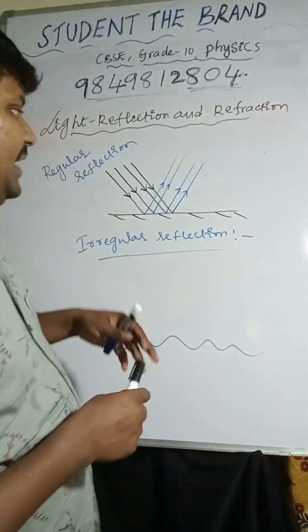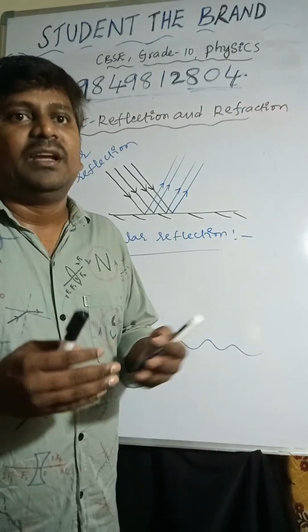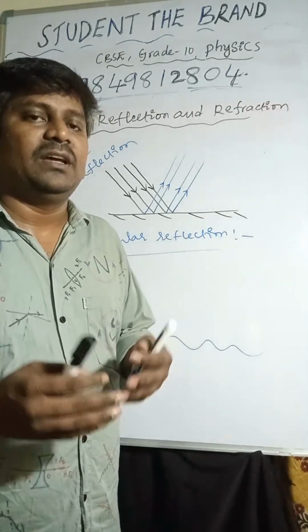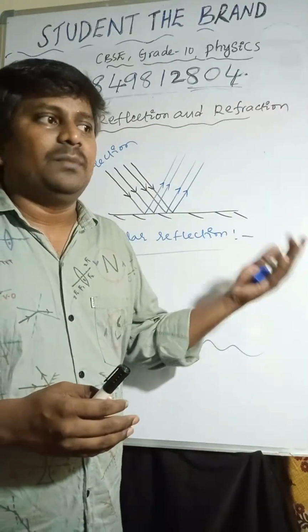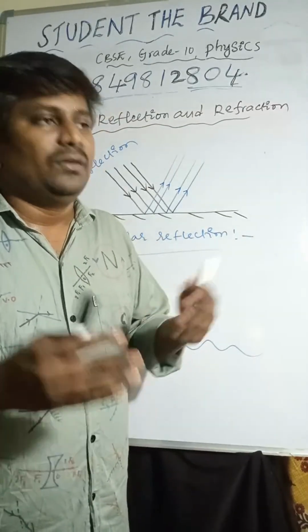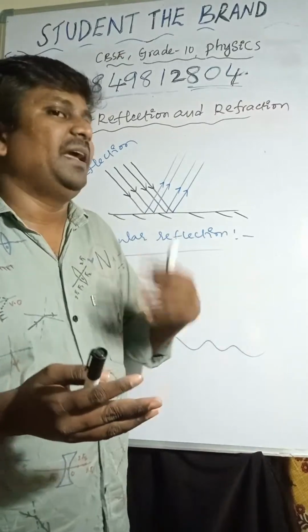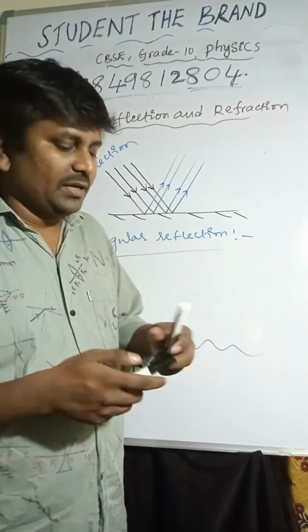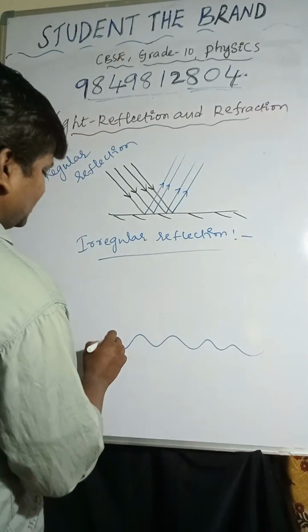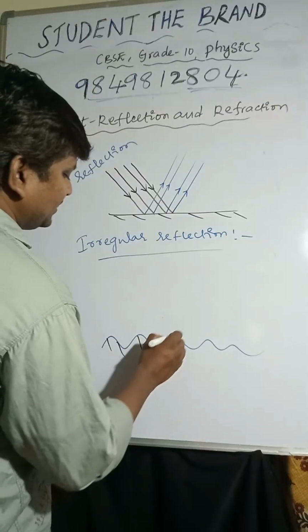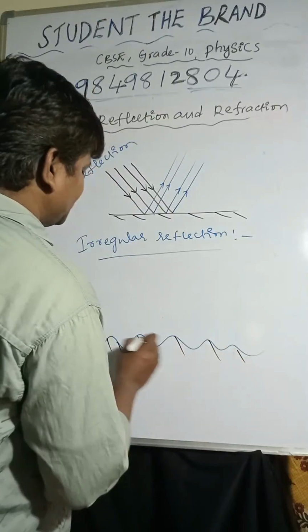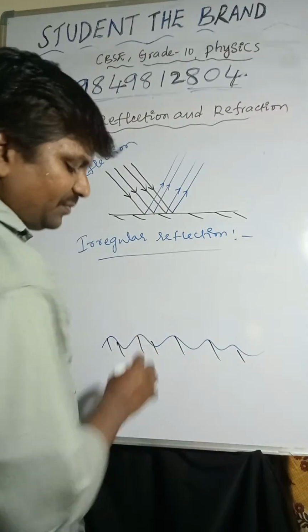Irregular reflection takes place on a rough surface. The best examples you can take are a wall and paper. So where we get irregular reflection.